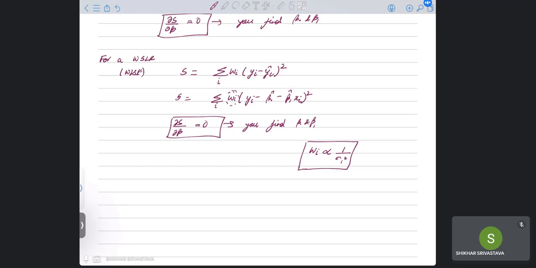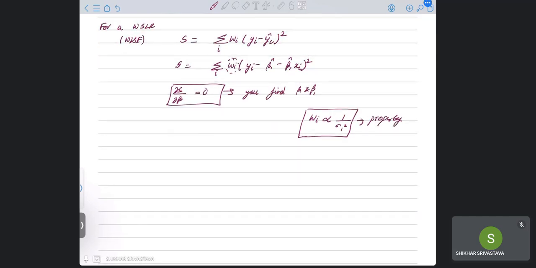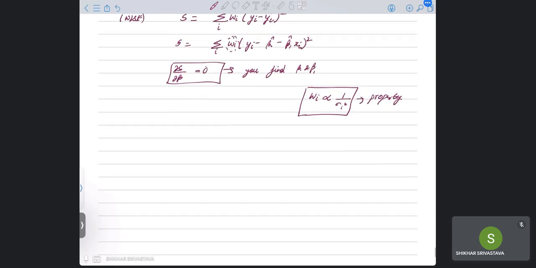So the weight is inversely proportional to the variance of yi. Now we minimize it and you find beta. I already told how to do that: given data, first we do the ordinary linear fit, and then we do this.